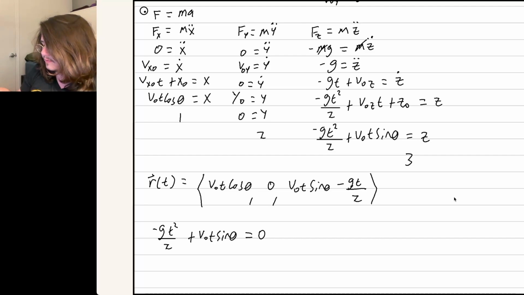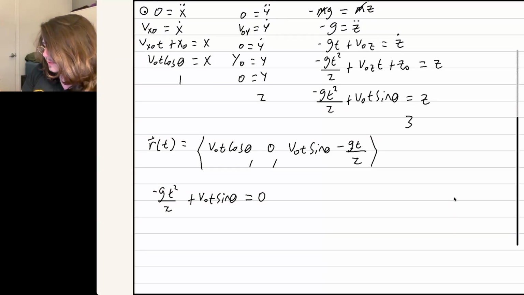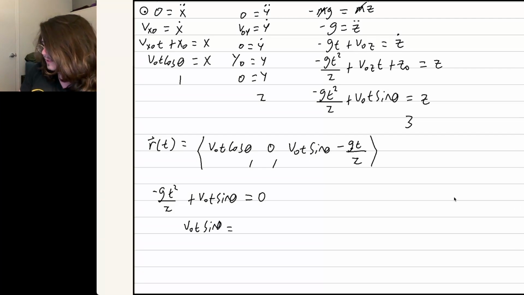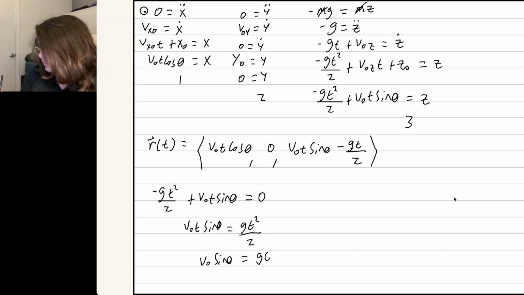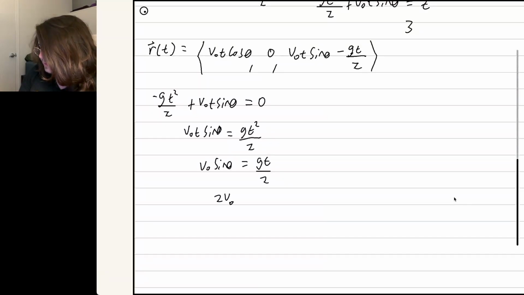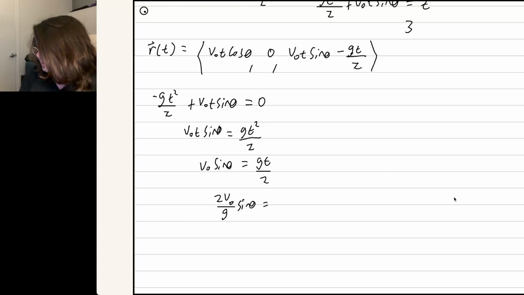But if we just solve this for t by moving the gt squared to the other side, and then canceling out one factor of t from each side, and then solve for t, 2 v naught over g sine theta is the exact time where the ball will hit the ground again.